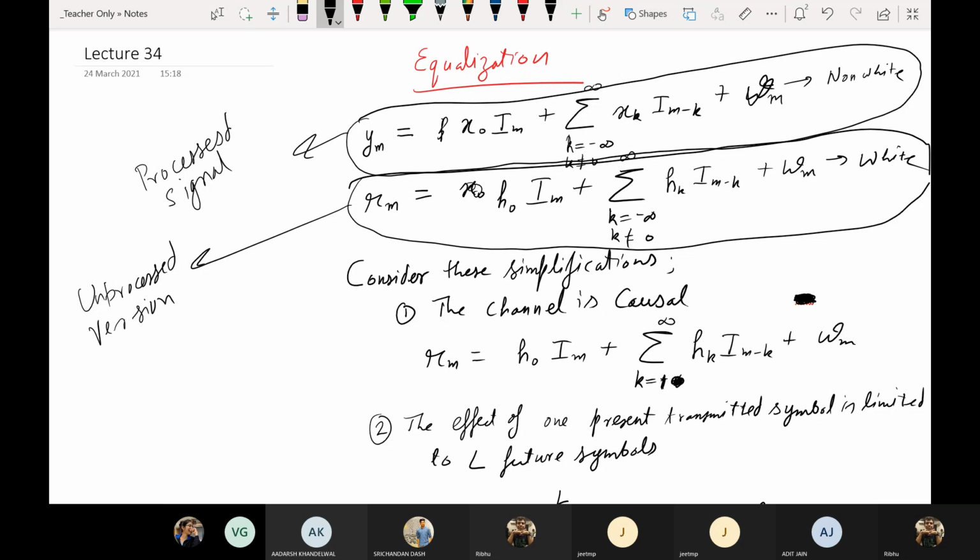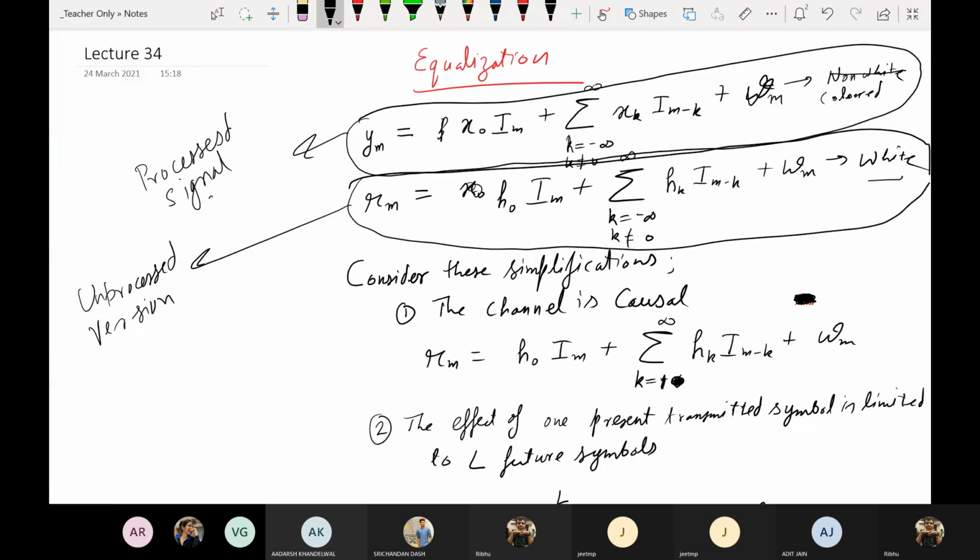One thing that we noticed yesterday was that the processed version has colored noise, and the unprocessed version has white noise. So we will focus more on the unprocessed version.